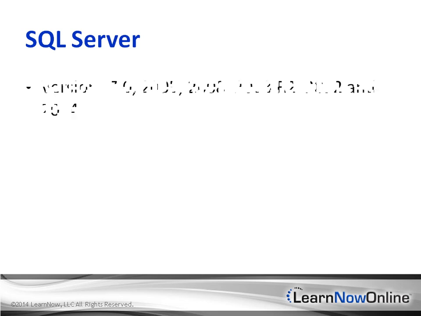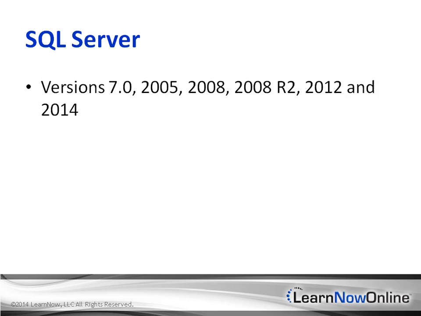SQL Server. Now, as part of our data connections in the data model, SQL Server is an integral part of it. Why? Because odds are that you're going to have some, if not a majority of the data in SQL Server, whether it's in an old version of SQL Server or a newer one. These versions could range from 7.0, 2005, 2008, 2008 R2, 2012, and 2014.